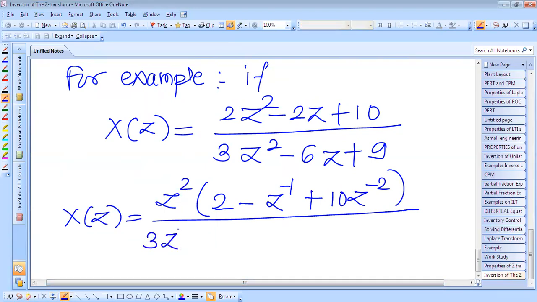Sorry, it is a cube, not square, so take outside here 3z cube. What will remain in the bracket? 1 minus 6 z raised to power minus 2 plus 3 z raised to power minus 3.